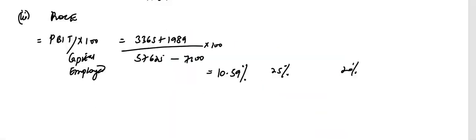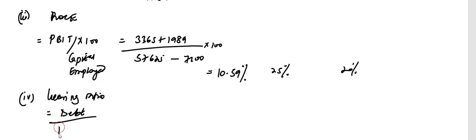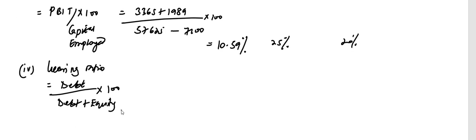This is number 4, the gearing ratio, debt and equity. So this will equal debt over debt plus equity, then times 100, since it's expressed as a percentage. So what's our debt?